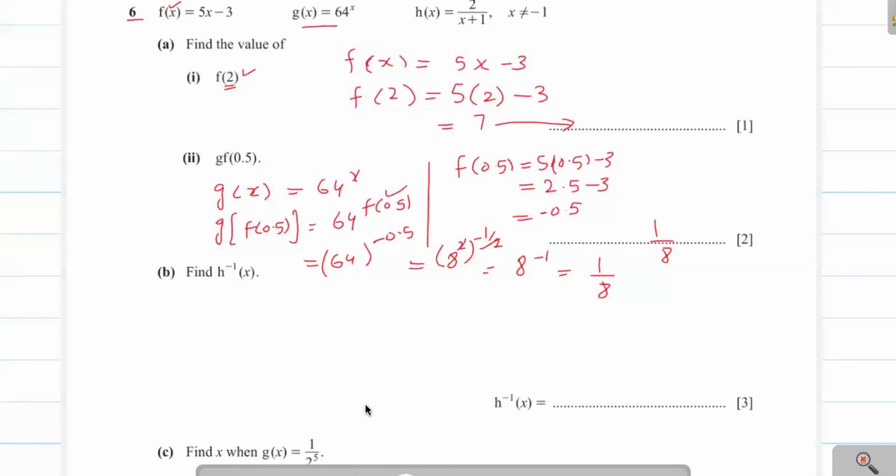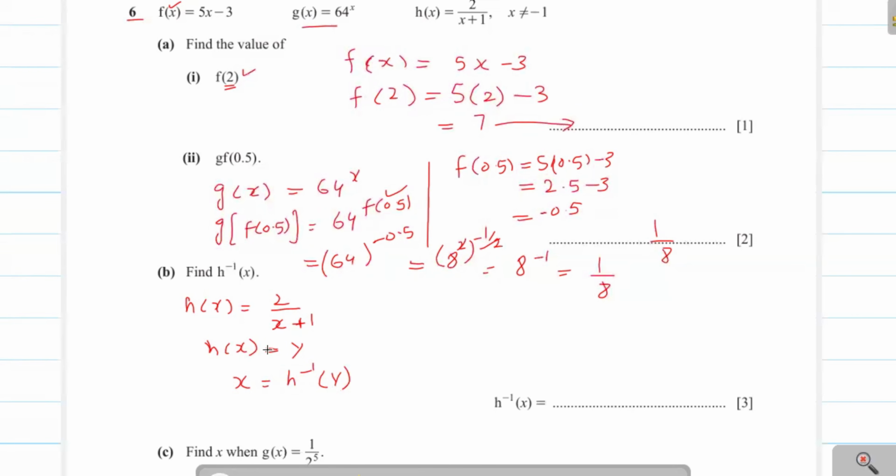Now h of x is equal to 2 over x plus 1. Firstly, we write here h of x equal to 2 over x plus 1. And if we write it as h of x equal to y, then x will be equal to h inverse of y.